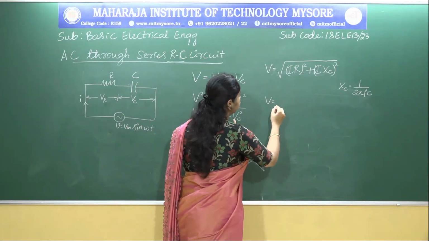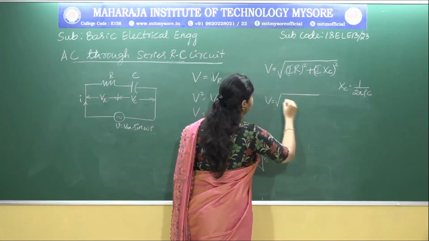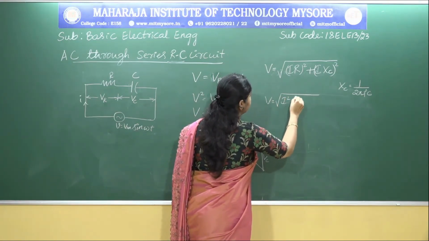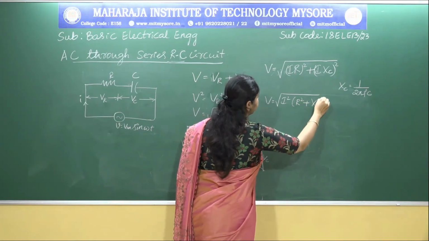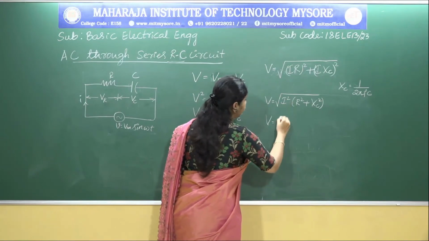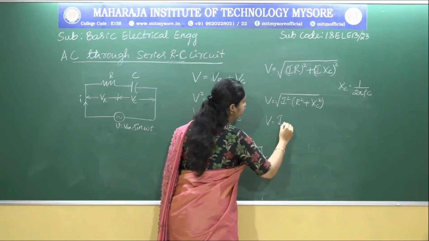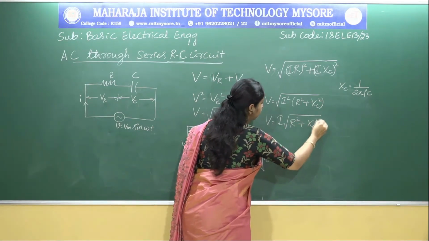So let us simplify this expression. We get the square root of, taking I square common, R square plus XC square, and the square and square root get cancelled, so I into the square root of R square plus XC square.